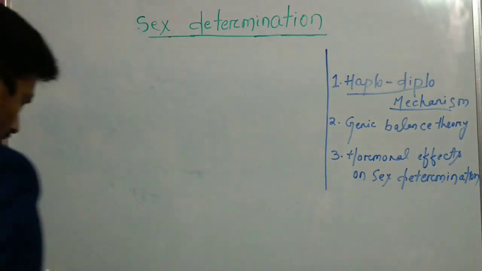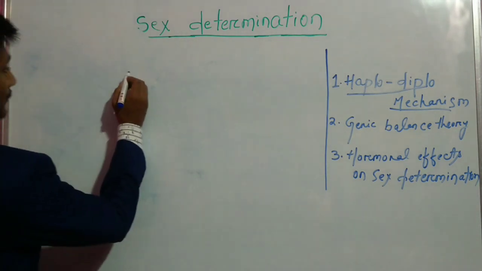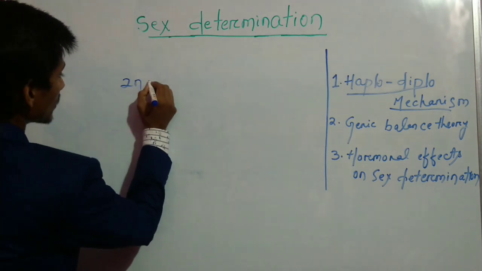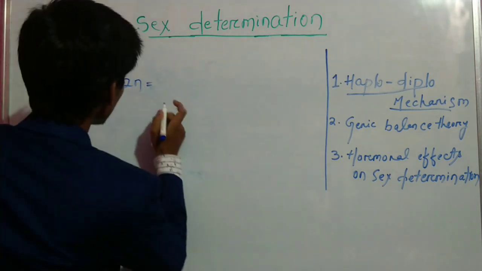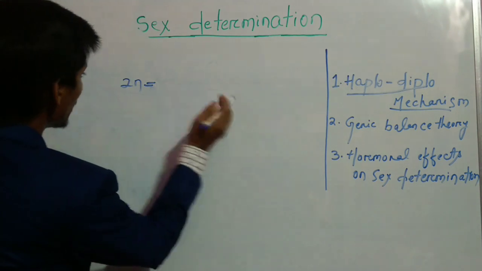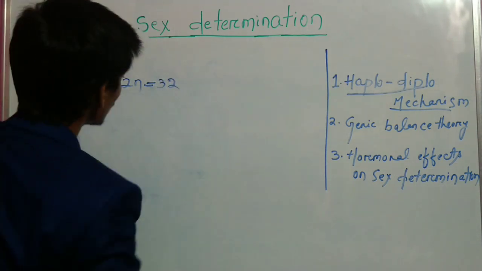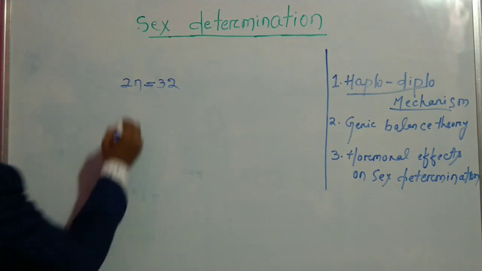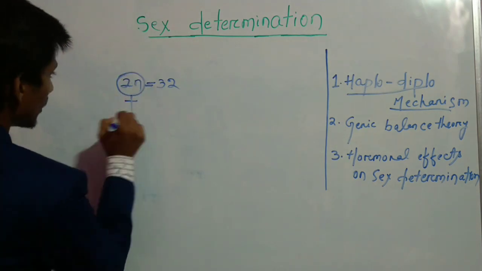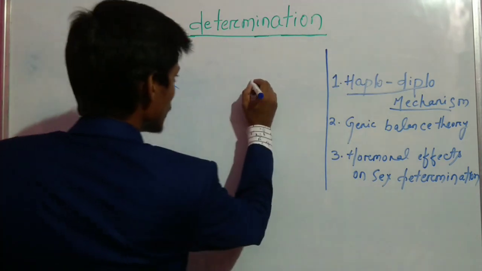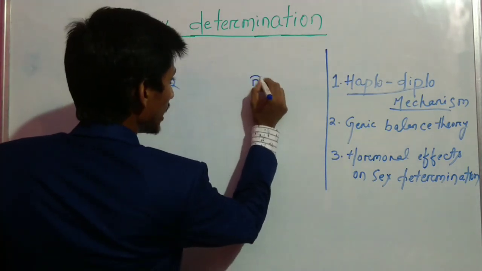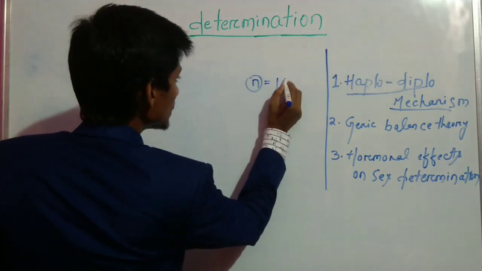Now let's assume this is a female or a queen bee. The queen bee in the beehive is the only fertile female, and it is having 32 number of chromosomes. So this is a female, and let's assume this is a drone having n number of chromosomes, that is 16.